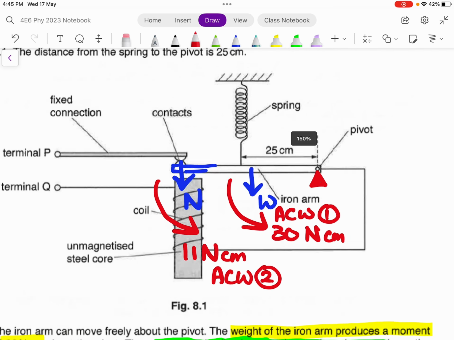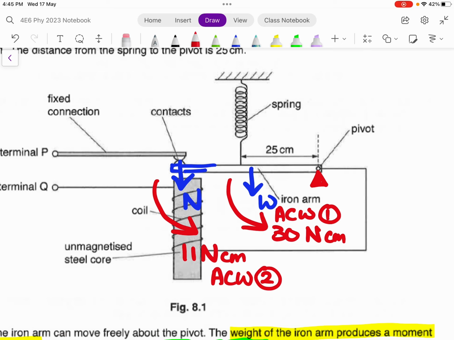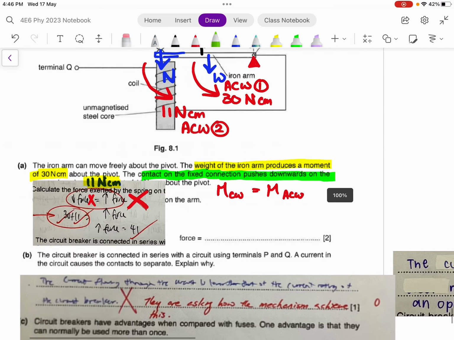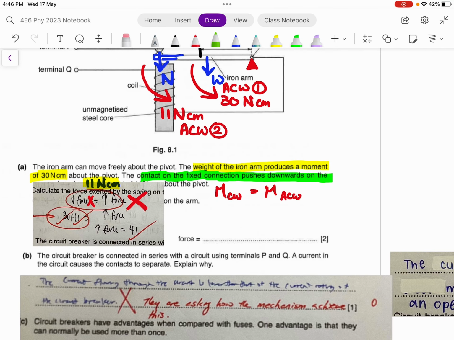Then what keeps this beam level is actually the upward force by this spring. So this upward force by this spring must be causing a clockwise moment, right? So what happened here? You should be able to see that this ACW1 plus ACW2 is being balanced by this CW1, right?